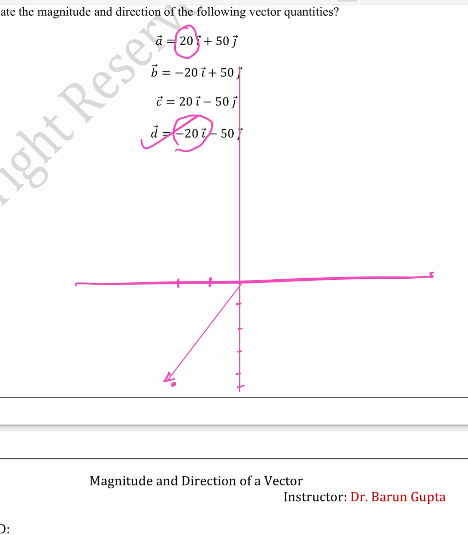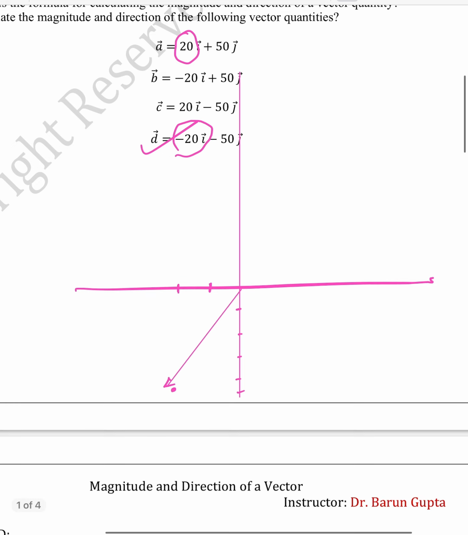So how do I find the magnitude? Let's talk about the magnitude and direction for the vectors here. This is the d vector, and our A vector was 20i plus 50j. If you need to find the magnitude of this vector, it will simply be equal to the square root of 20 squared plus 50 squared.